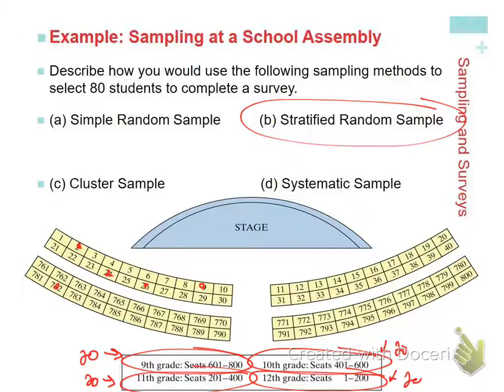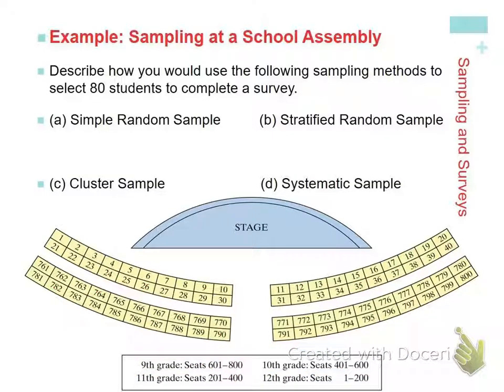And then there'll be one here, maybe there. And then there'll be one maybe here, and here, so on and so forth, right? So we're still going to walk all over the auditorium trying to find our participants. But we're at least going to have a really good mix, right? We've got 20 in each group. That's a stratified random sample, okay?